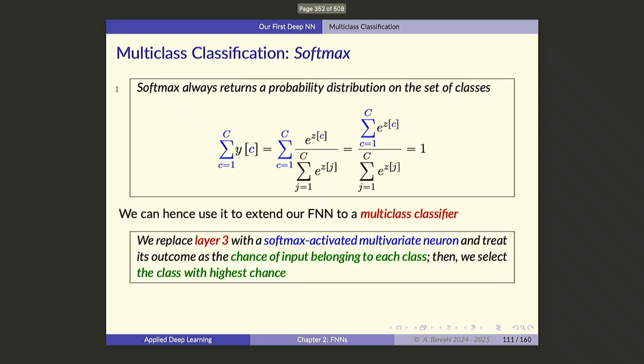Anyways, now that I have this particular vector activation, the only change I need to make to my network is that I take that final layer, which was a single neuron, and replace it with one vector-activated neuron, and that is softmax. Then I'm going to get a bunch of probabilities, right?